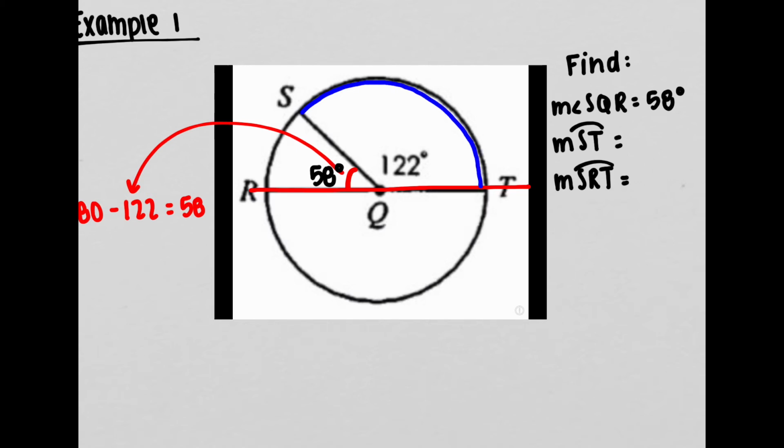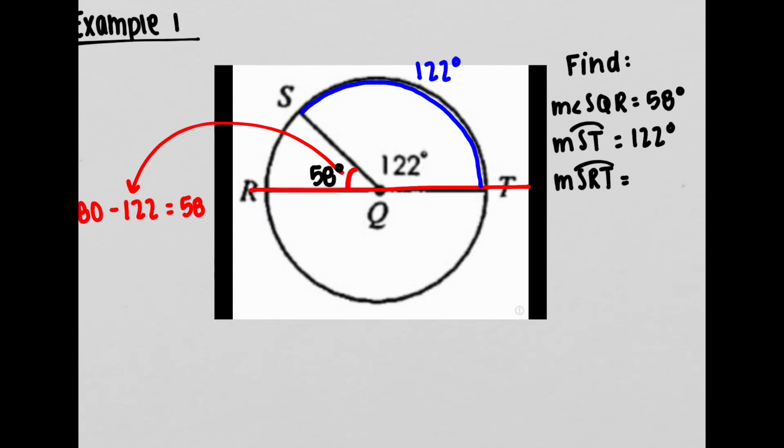And we talked about central angles and their arc measures. This is just the one we're given. If you're given a central angle, you know that its arc measure is the same. So because the angle is 122, the arc right here is also 122. So I know the measure of arc ST is 122 degrees.